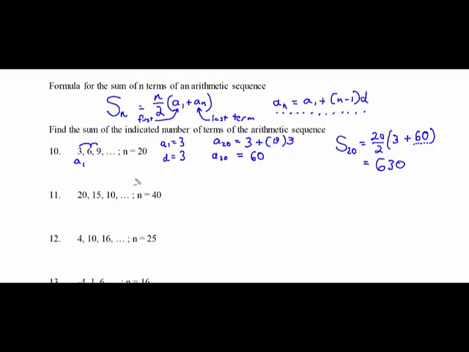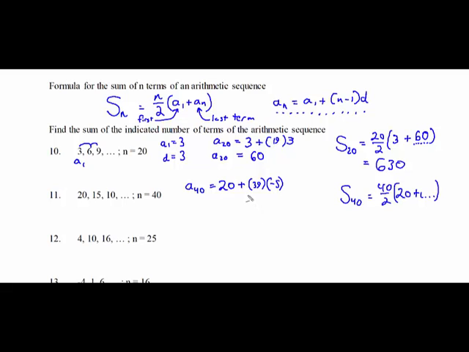In problem number 11, I'm going to repeat the same process. I'm going 40 terms into the future, so that's 40 divided by 2. My first term is 20, but I don't know what my 40th term is. So I'm going to use my a sub 40 equation, the one up here that's underlined, to find this missing point. a sub 40 is equal to 20, my first number, plus 40 minus 1, which is 39, times d, which is negative 5.